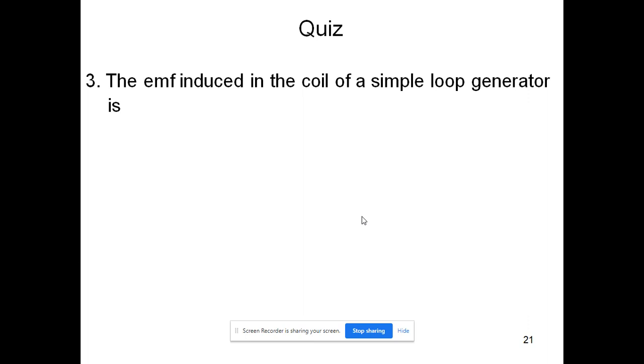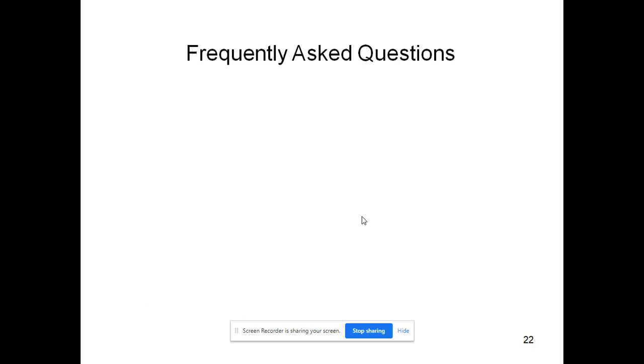Third question: the EMF induced in the coil of the simple loop generator is AC. I have said already in the previous slide, the EMF induced in the rectangular coil will be AC, and the output after the commutator will be DC. This commutator converts AC to DC current.